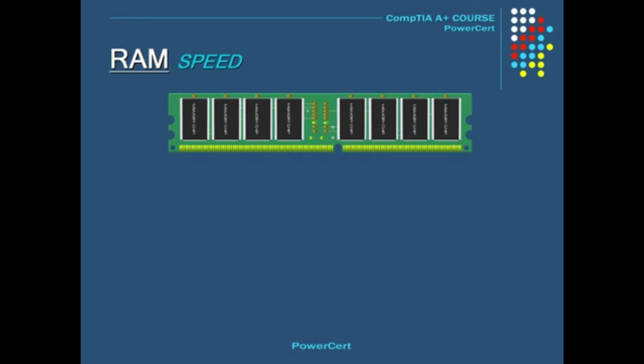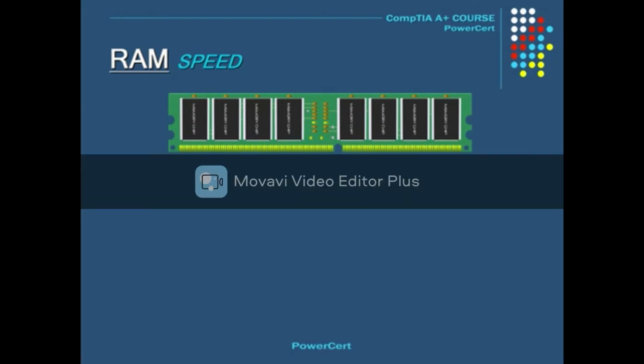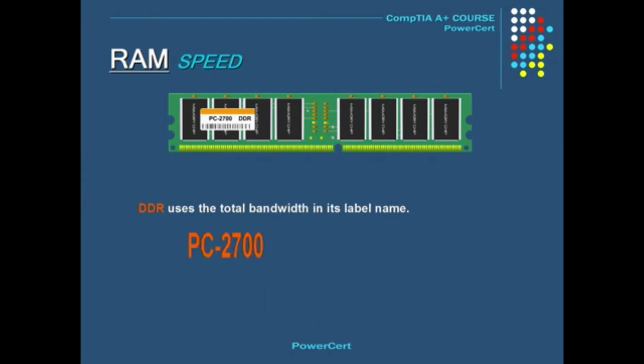DDR is also labeled differently than non-DDR RAM. Instead of including the clock speed in its name, like PC-133, where 133 equals the clock speed, DDR uses the total bandwidth instead. For example, a DDR DIMM labeled PC-2700, the 2700 is not the clock speed, but it's the actual total bandwidth.